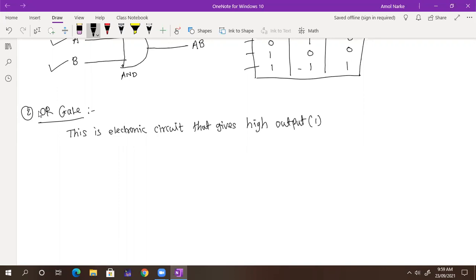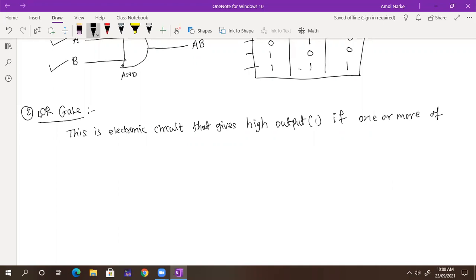It will give a low output only when both the inputs are low. That is also correct. You can write it this way: it is the electronic circuit that gives a high output, 1, if one or more of its inputs are high.